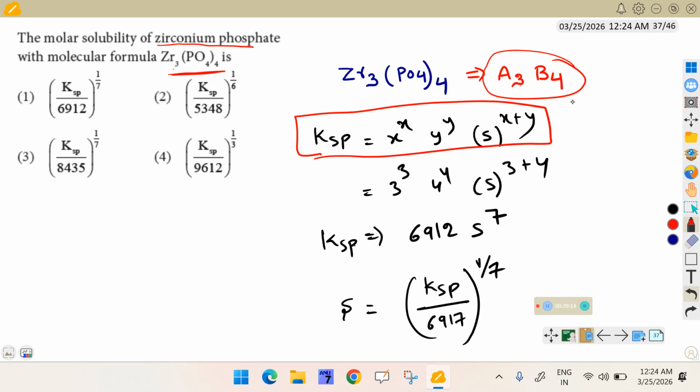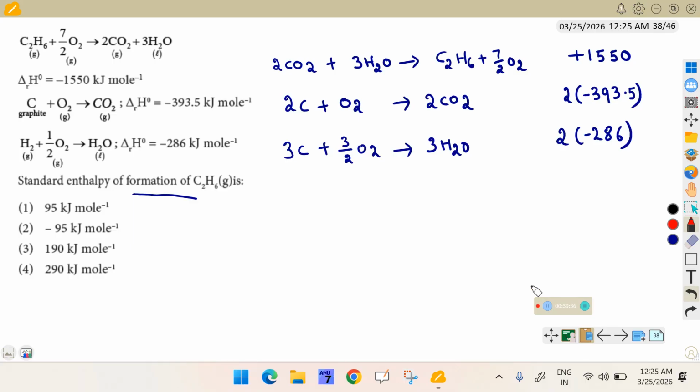It dissociates, then it gives 3 cations and 4 anions. Number of cations 3, number of moles of anions 4. Simplify, Ksp is equals to 6912 S power 7. S is equals to Ksp by 6912 whole power 1 by 7.